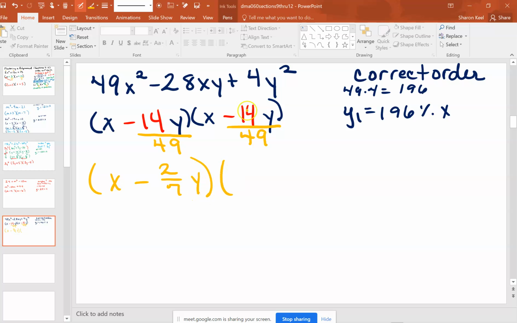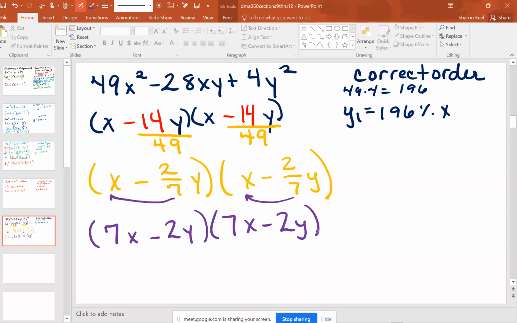And then that's the same fraction, so that's another x minus 2/7 y. We can't leave our answer this way. They want us to take this denominator and move it up in front. So this would become 7x minus 2y. And this is also 7x minus 2y.